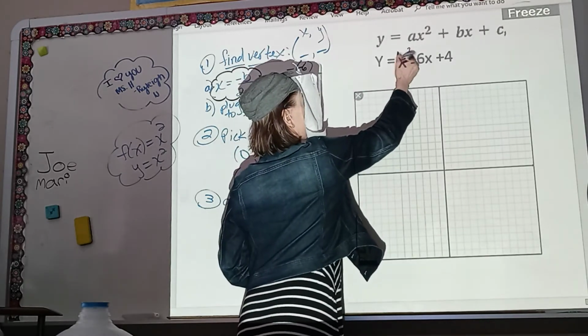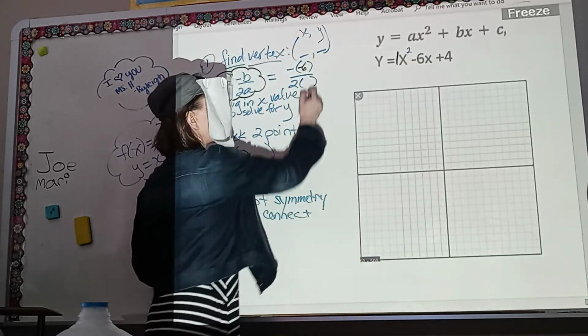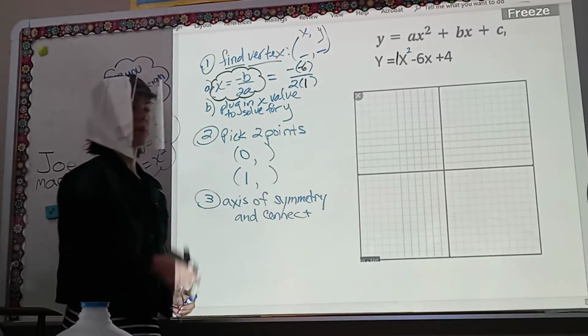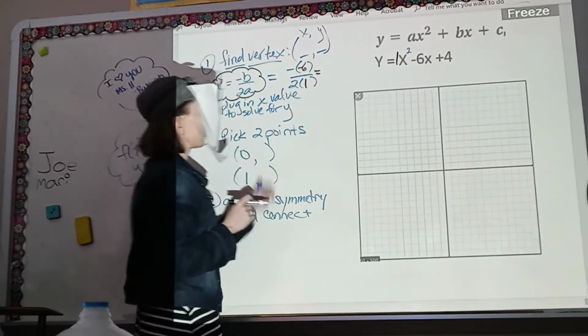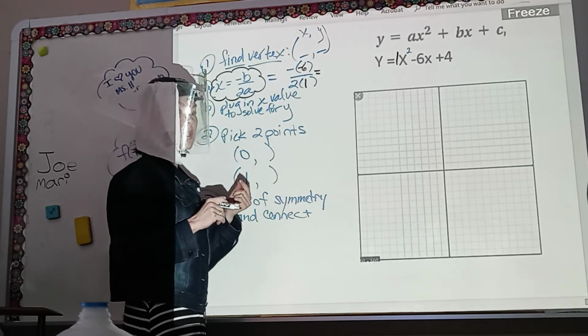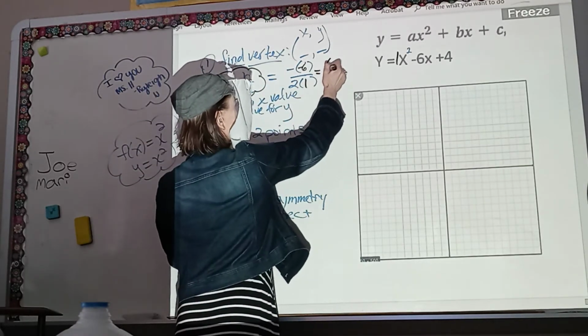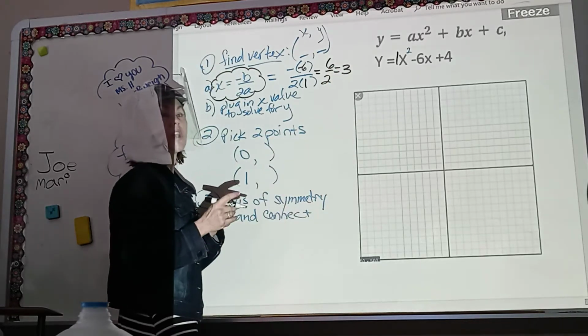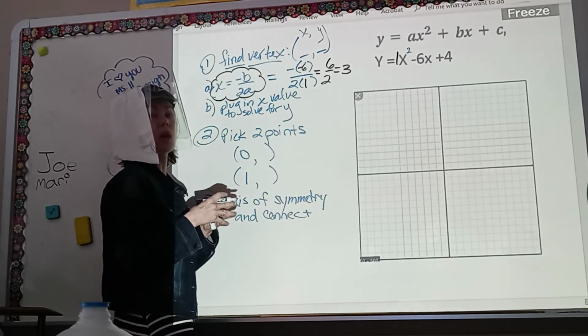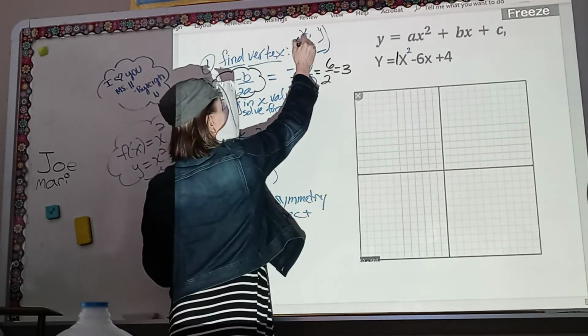So even though it's not there, you know there's a 1 there. So 1 would go in the denominator. And just simplify, you guys. This is super easy. So what is the opposite of a negative 6? Positive 6, and 2 times 1 is 2, and simplify, you get 3. So the x value of our vertex is a positive 3.